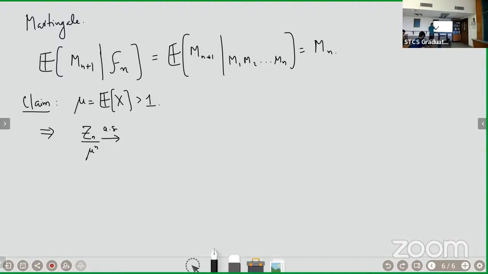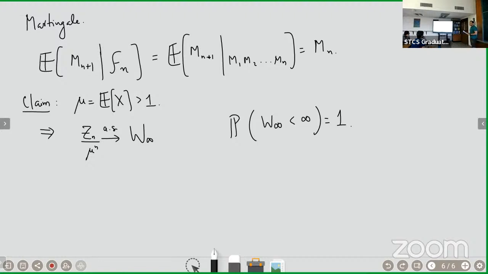Some random variable which is called Z. Z_n is the number of particles at level n.